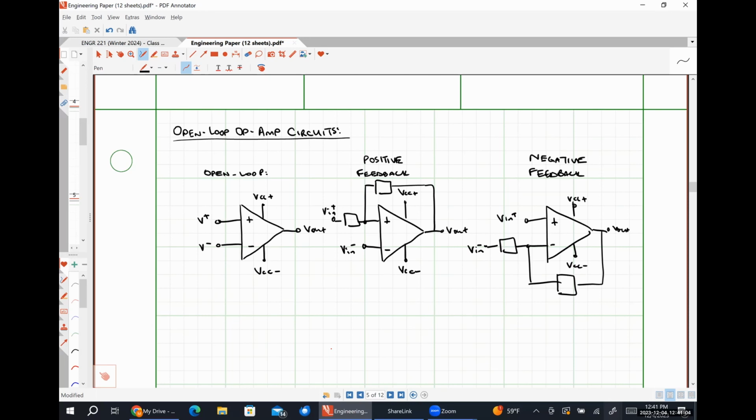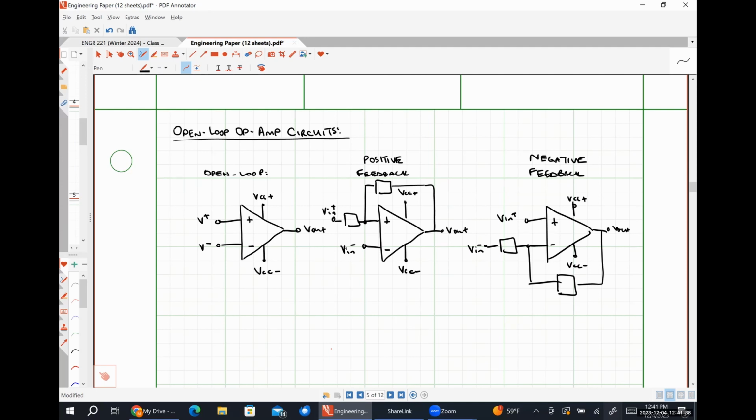All right, so at the end of Friday's class, we talked about how the amplifier that we were dealing with in open loop configuration had an extremely small linear range, right? So for an amplifier with an open loop gain of 100,000 and supply voltages of plus and minus 10 volts, we saw that our linear range was only negative 100 microvolts to positive 100 microvolts, meaning that overwhelmingly the device wasn't actually operating as an amplifier.